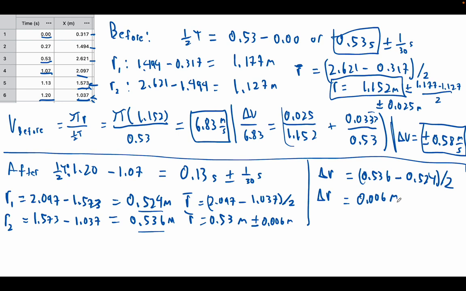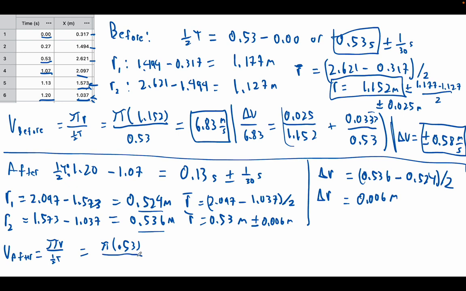Okay, so now let's figure out the velocity and the uncertainty of the velocity afterwards. So V after is going to be pi times the radius after divided by the half period. The half period is 0.13, radius is 0.53.